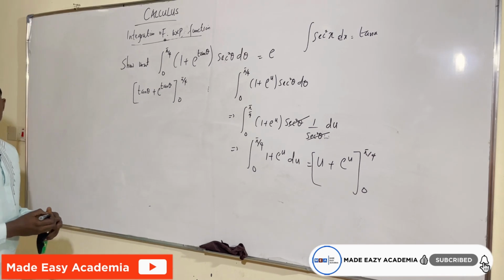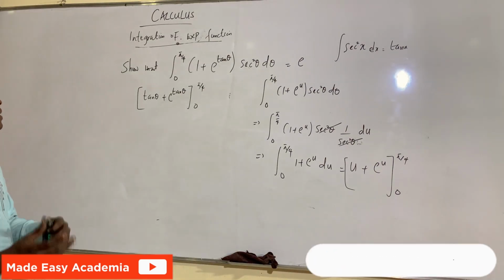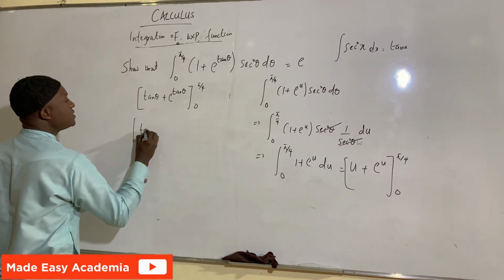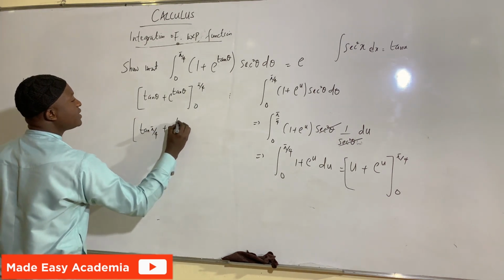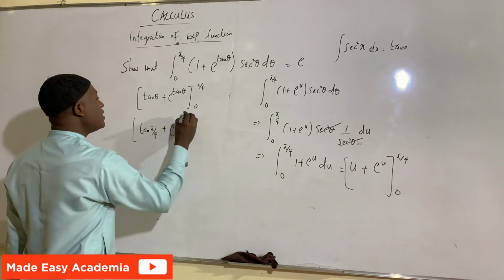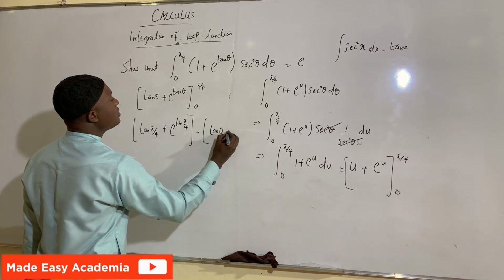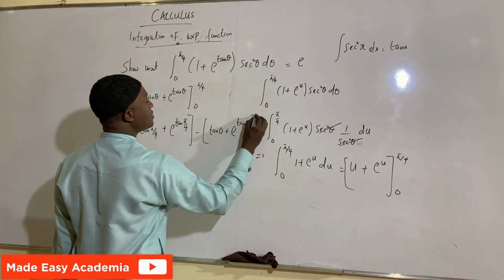So as usual, since it's definite, I will put the upper limit minus the lower limit. For the upper limit, what we have is tan pi over 4 plus e raised to the power of tan pi over 4. Then minus the lower limit, tan 0 plus e raised to the power of tan 0.